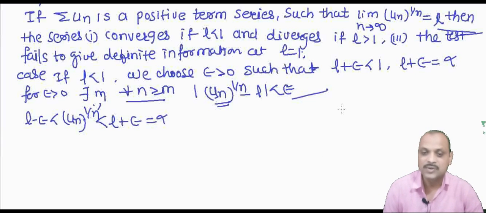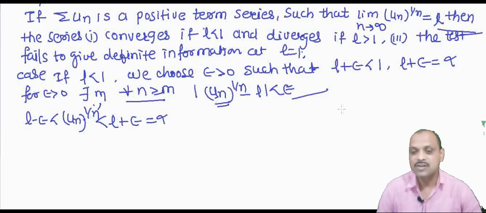Here alpha raised to n is a geometric series. We have taken alpha less than 1, and a geometric series converges for alpha less than 1 and diverges for alpha greater than 1. Now we can apply the comparison test: if this series is convergent, un is also convergent. Hence this geometric series is convergent, therefore un is also convergent by the comparison test.